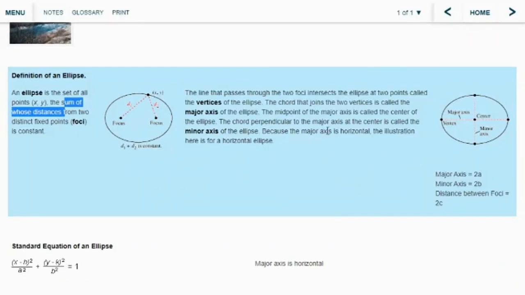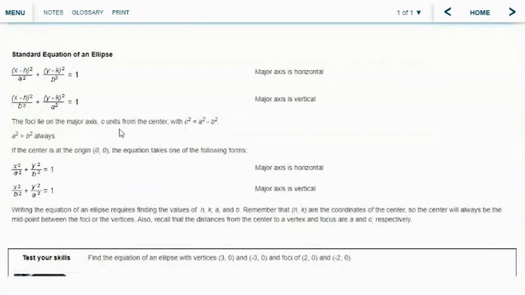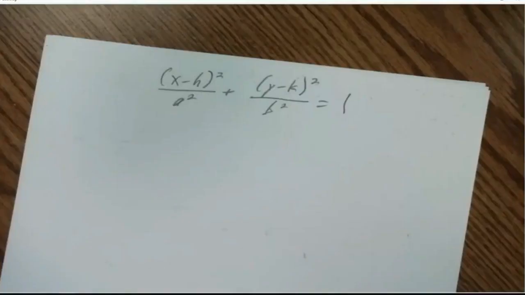So let's go back here and look at this. All right, so it shows the major axis, the minor axis, like we were talking about, and there's 2 focus points. So here's the standard equation of an ellipse. All right, I'm gonna write this down too.